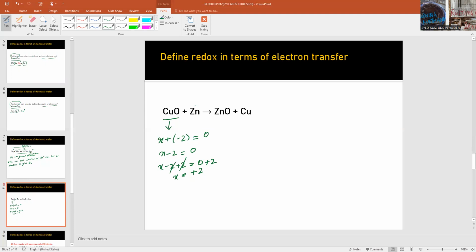Zn carries 0 charge. I've already explained on the product side, the charge on Zn will be calculated by taking -2 for oxygen and 0 for the whole compound. We will get +2. We will also know that Zn carries +2 charge. It carries fixed valency.